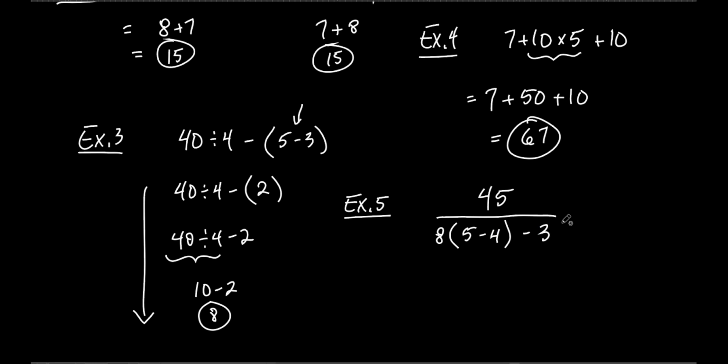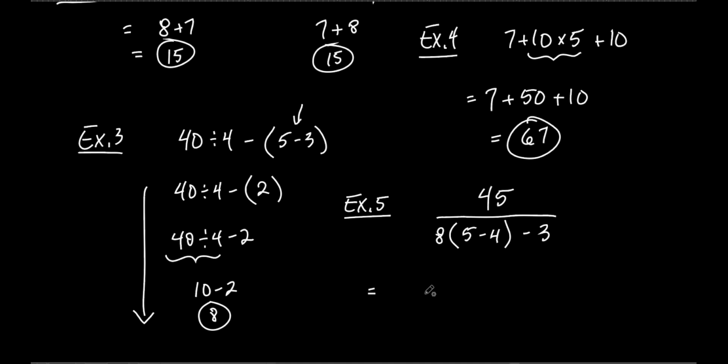It's not really in the PEMDAS thing, but I'll tell you right now. What if you had a bunch of stuff you had to do on top? I always do the top and then the bottom separately. So if you have one big old fraction like this, always figure out what the top is, then figure out what the bottom is, and then you can go ahead and see if they will divide. Everybody got that? Okay? So make sure you do that.